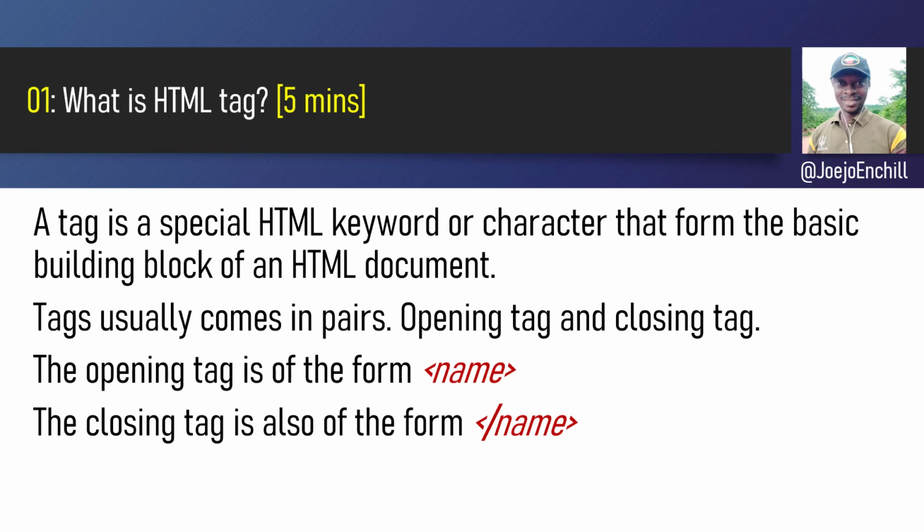And then the closing or ending tag is of the same form, only that we introduce a forward slash right after the left angle and before the name. So it becomes left angle, forward slash, name, and right angle. I know you are confused by now, but don't worry, let's proceed. You may understand when we get to the practicals.